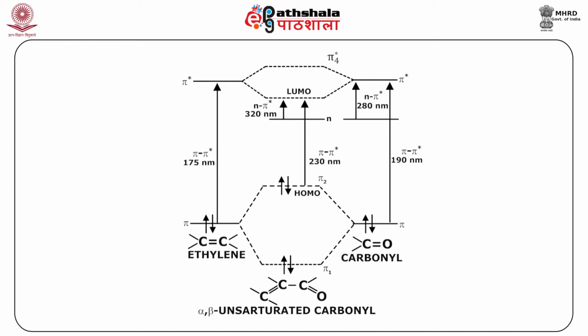However, the energy of the n to pi star transitions does not decrease as rapidly as that of pi to pi star transitions. Now, if the conjugated chain becomes long enough, the n to pi star band is buried into the more intense pi to pi star band system.